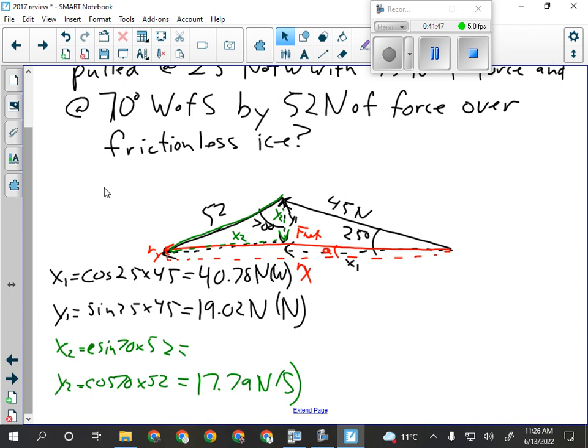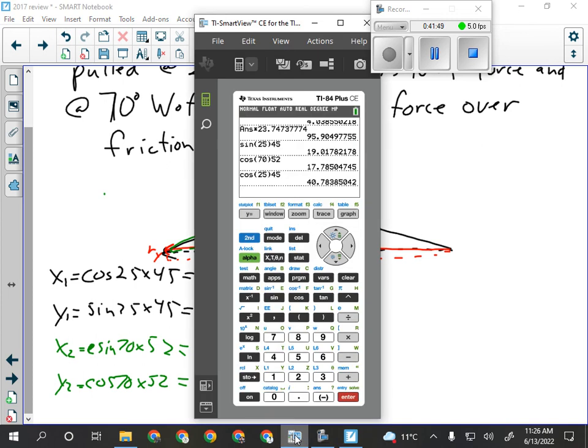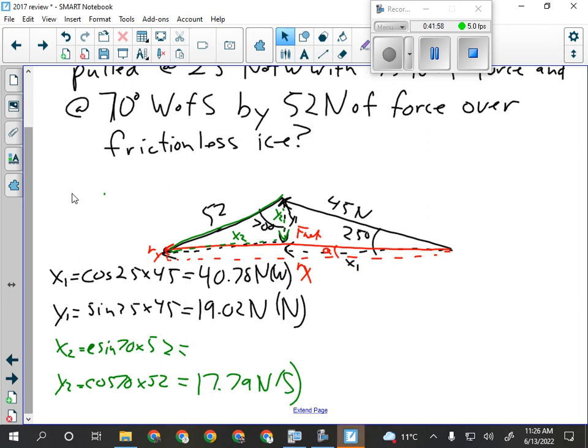And the other one is the sine of 70 times 52. So we got 48.86 newtons for that one, and that one will also be west.